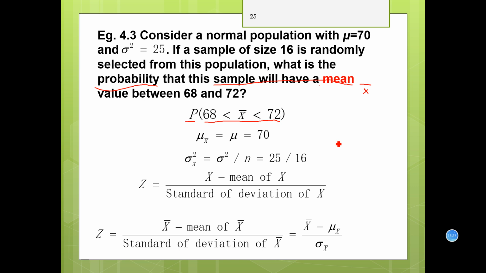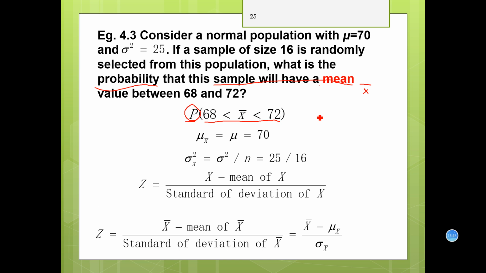So how can we solve this question? We want to know something about the probability. So do you remember that in chapter 2 we have already learned some special probability?